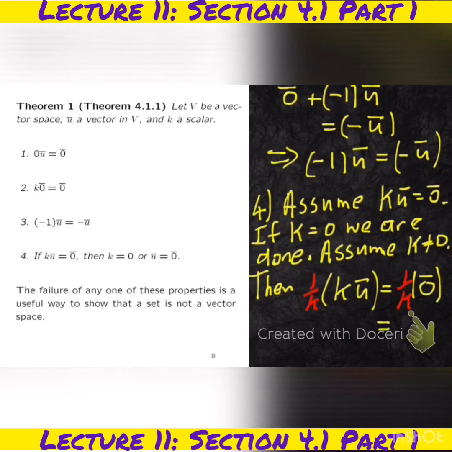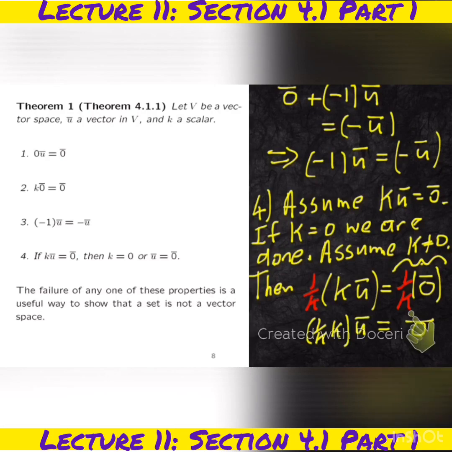Alright, what do we have? That part there, we apply property 2, which says a scalar multiplied by the 0 vector is the 0 vector. And here on the left hand side we apply our distributive law. So the 1 over k becomes that.